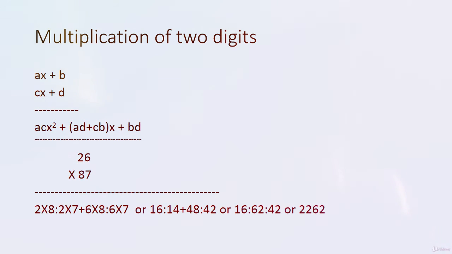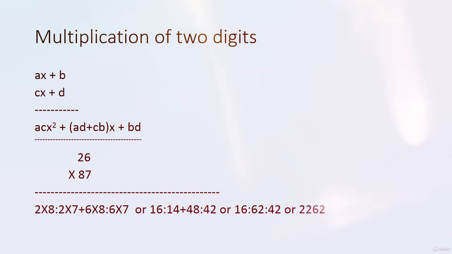And the middle digit is obtained by cross multiplication and adding them up, that is 2 multiplied by 7 plus 8 multiplied by 6. After all these multiplications, we end up with the left hand side answer as 16, middle answer as 62 and right hand side answer as 42.